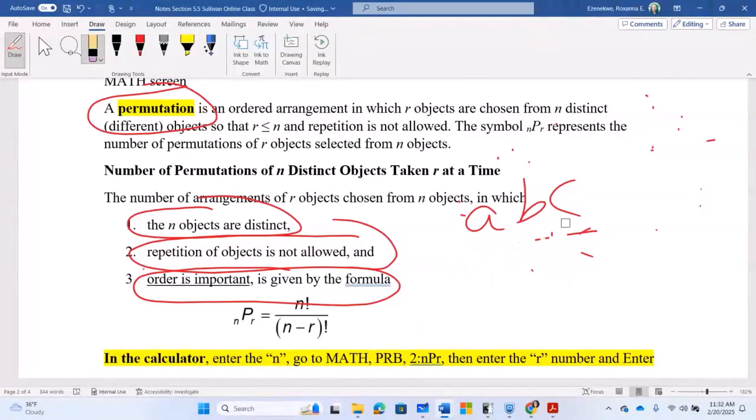Whenever I'm told to find the permutation of ABC, where order is important, in other words, how many ways can I arrange this when order is important?